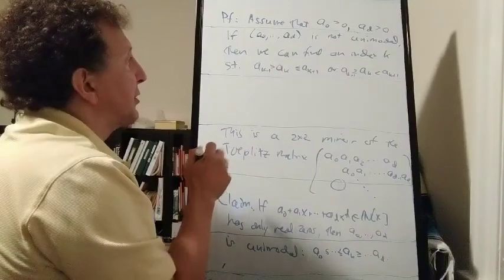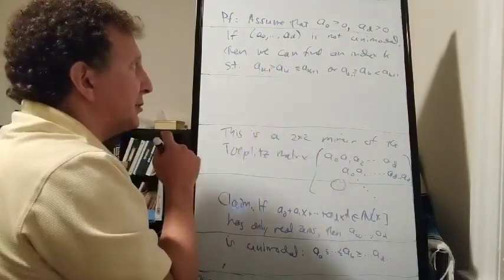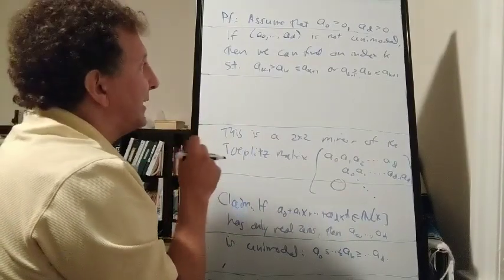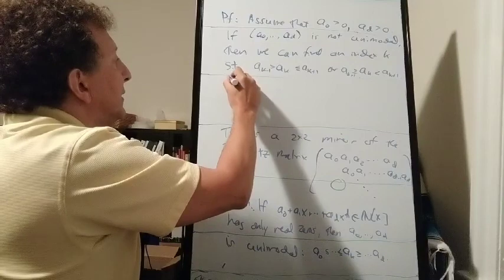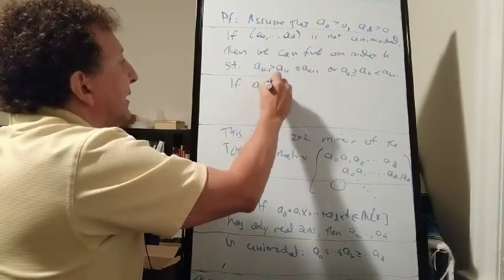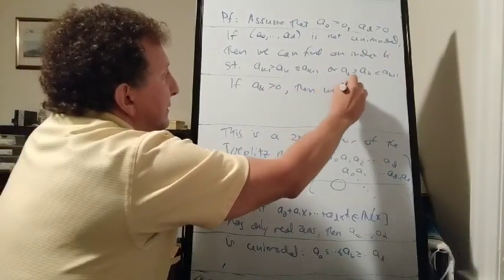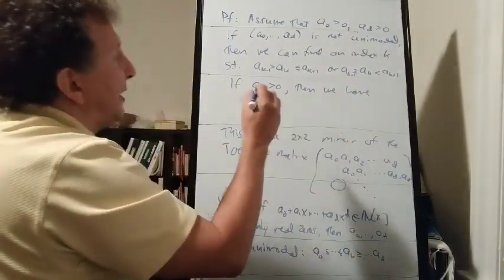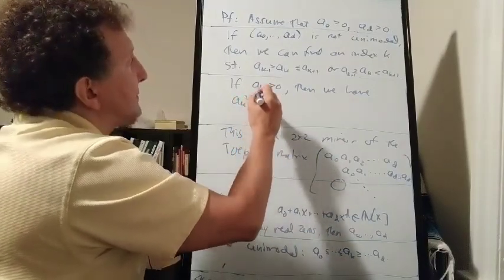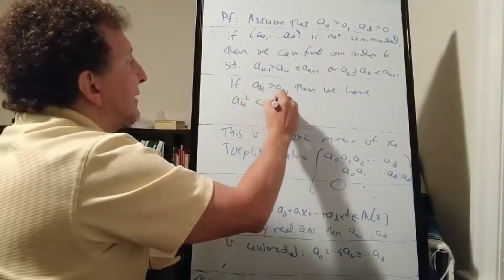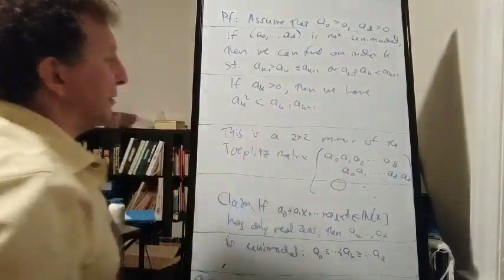Now this pretty much shows that the middle one squared is not going to be greater than the product of the other two. Except if the middle one is 0, we'll have a problem. So if ak is greater than 0, then we have ak squared is less than ak minus 1 times ak plus 1 in both of these cases.